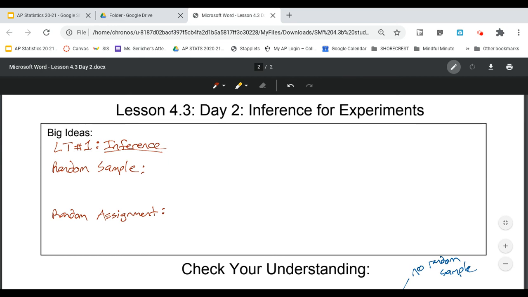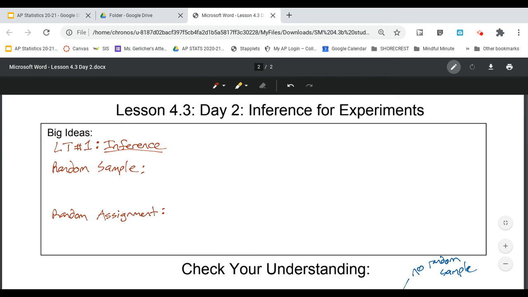They both used a random number table to do things randomly. A random sample is about who you get in your experiment or who you get in your observational study. What experimental units are you going to look at? Deciding who or what is in your sample is random sample. And random assignment is in experiments. Once you have your sample, once you have your experimental units there, randomly assigning them to different treatments.